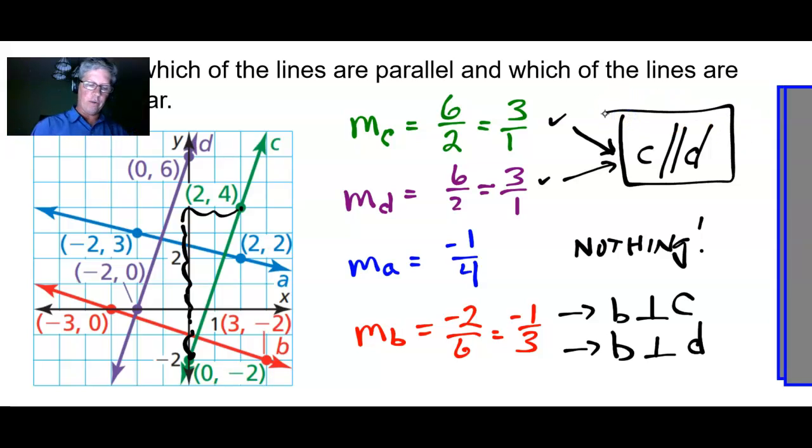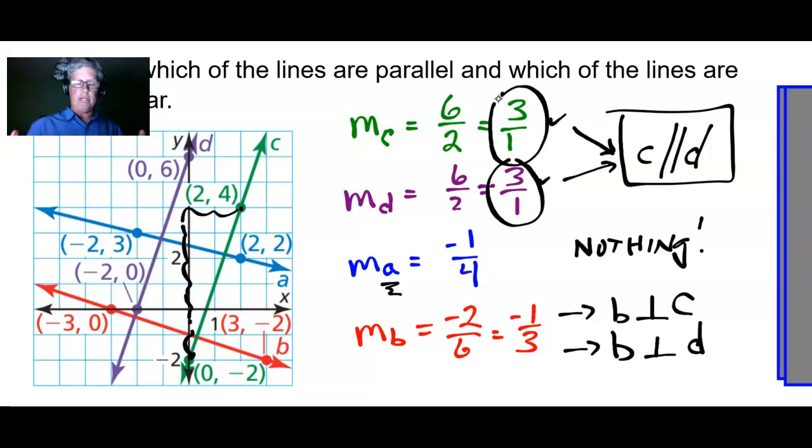This negative 1/4, this blue line, it's awesome, but it's not the same and it's not the opposite reciprocal of any line. So we would say line A, or the blue line, is neither parallel nor perpendicular to any of them. Now notice this negative 1/3 is the opposite reciprocal of that one and of that one.